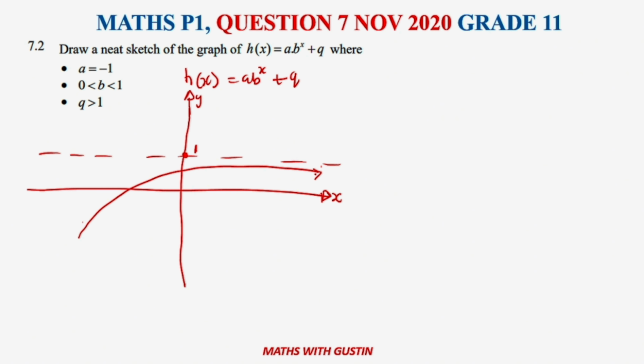They said a is negative, so to find points on this one, say negative b, and plus q. So for b you can put any number that is less than 1 but greater than negative 1.